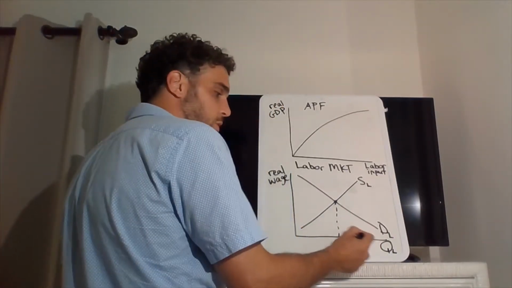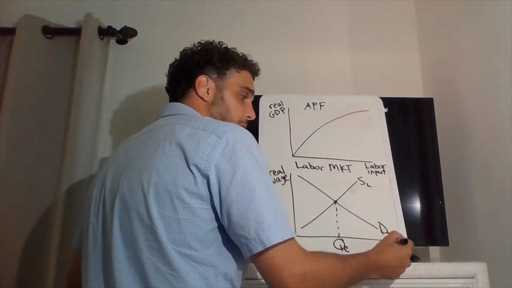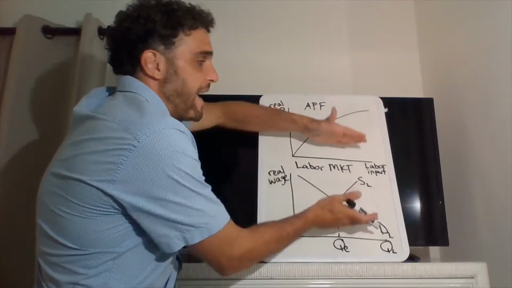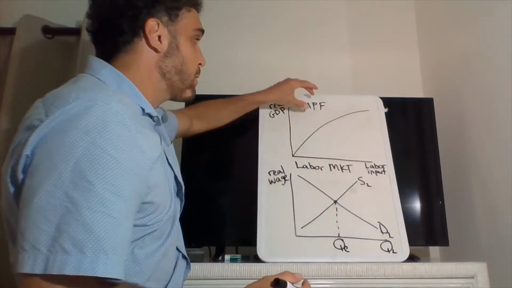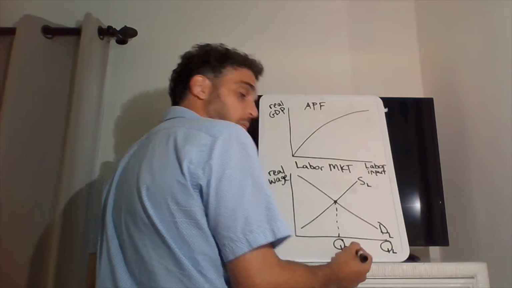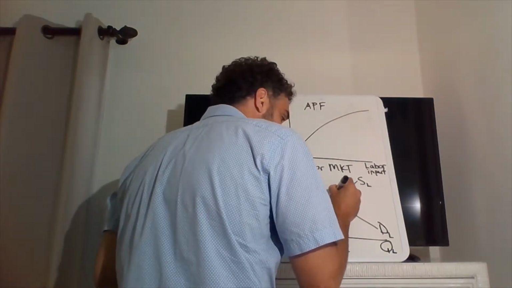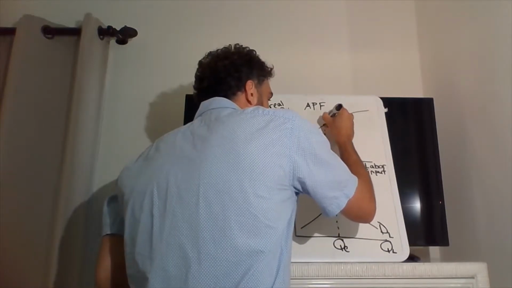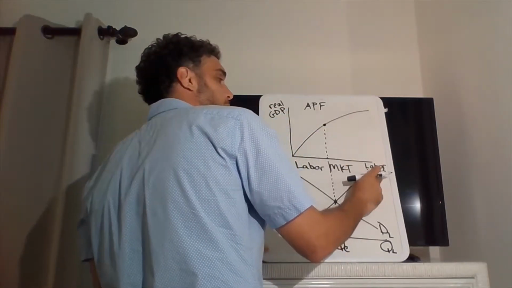Well, we just take this equilibrium quantity, and because the units on both x-axes are the same in the aggregate production function and the labor market, we can just see what our equilibrium quantity is and use that as the value of our labor input.